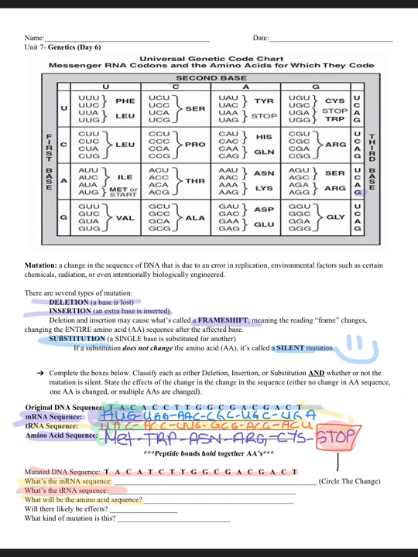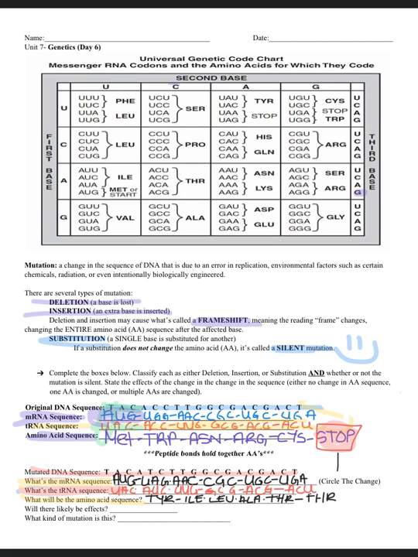Okay, so pause the video now and try your best to complete the first mutated sequence. For the mRNA sequence, you should have found codons AUG, UAG, AAC, CGC, UGC, and UGA.